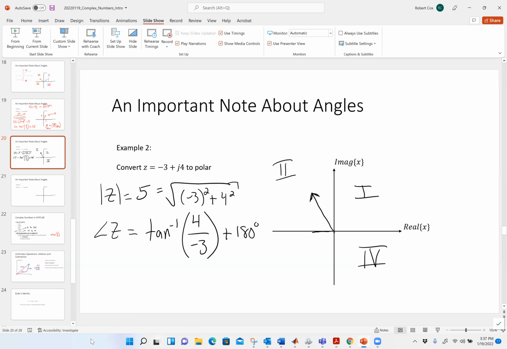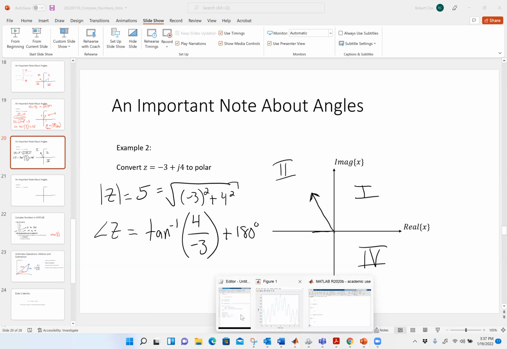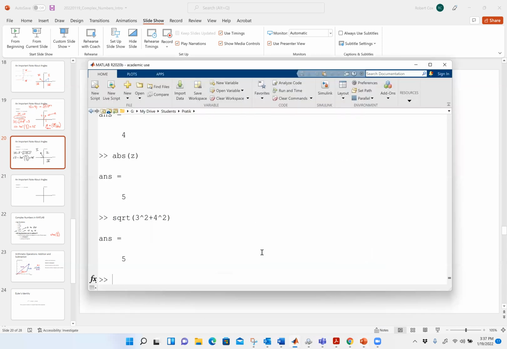Okay, so if I said something like this, a-tan of 3 divided by negative 4. And let's say again, I want that to be in degrees, so I'm going to do 180 over pi, and I'm going to add 180 degrees to it.